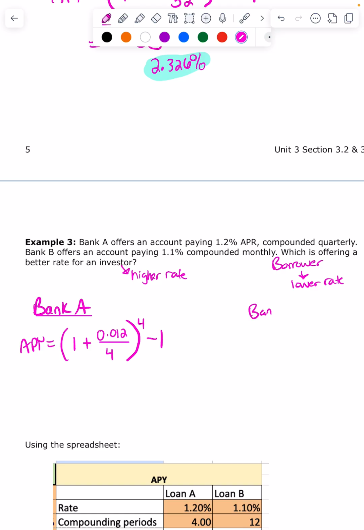And then I'll figure out what that is in a moment. Bank B is APY equals 1 plus 0.011 divided by 12, because it's monthly, to the 12th power minus 1.